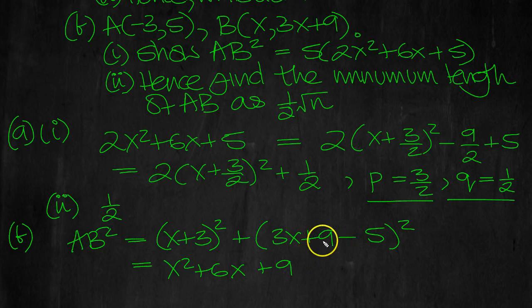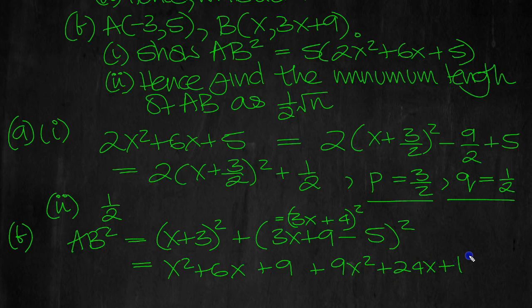This is 3x plus 4, isn't it? In here. And that would be 3x plus 4 squared. So that would be plus 9x squareds. 3 4s are 12. 2 12s are 24. Lots of x. Plus 16.